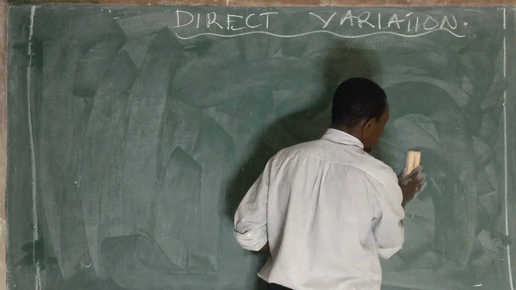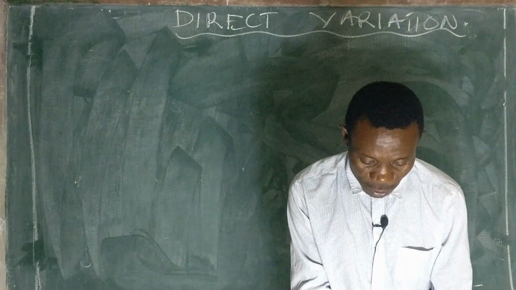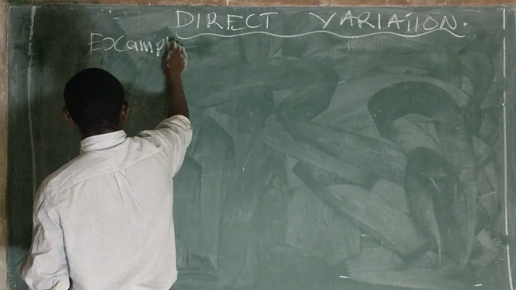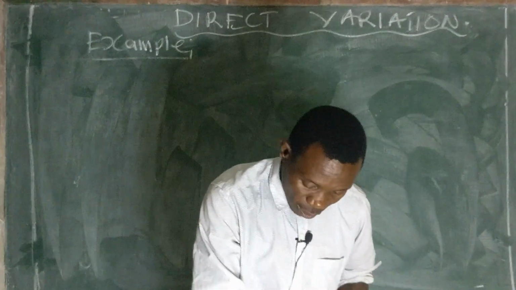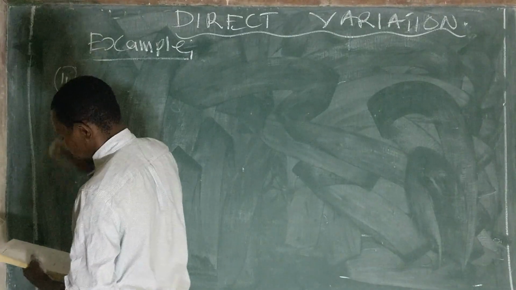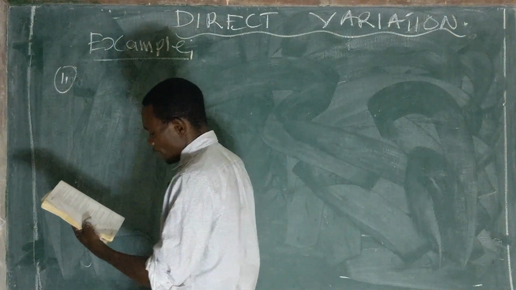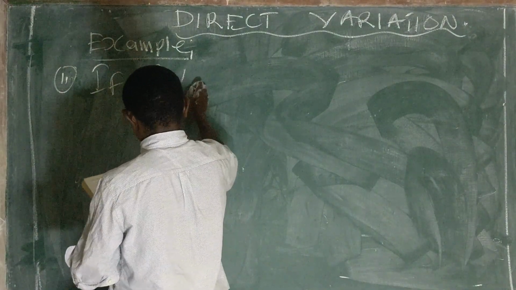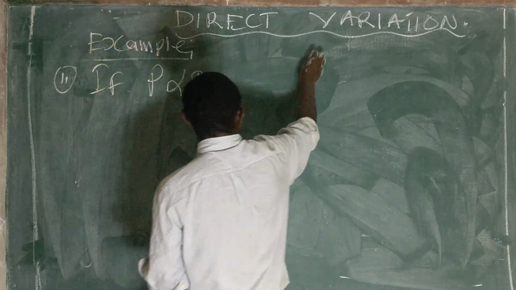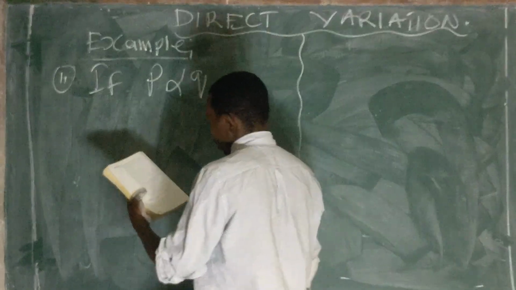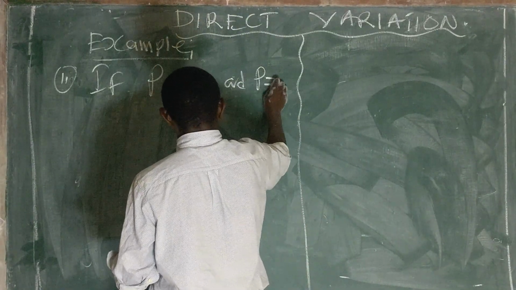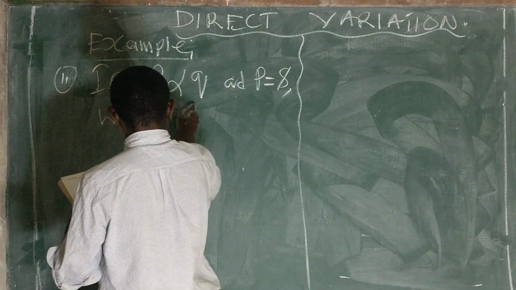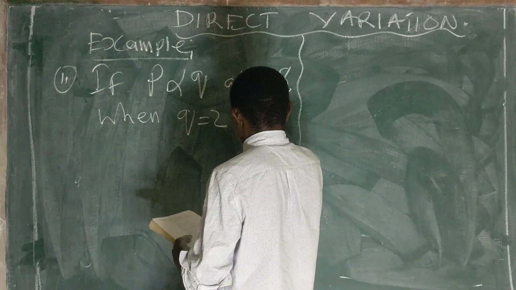we are simply asked to work out two issues. Can you take note of this example? One, they say if P varies as Q, and P is equal to 8 when Q is equal to 2.